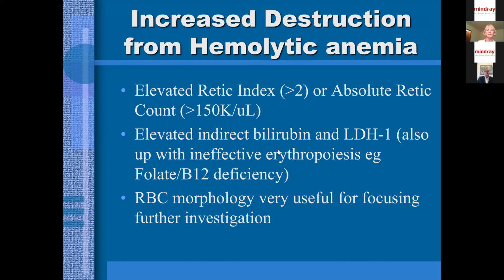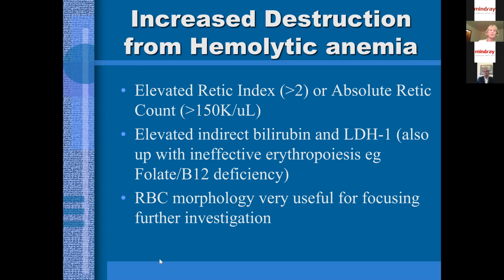But you can have increased bilirubin and LDH1 in other diseases besides hemolytic anemia, including ineffective erythropoiesis. A classic example is folate or B12 deficiency. So those patients can get quite jaundiced associated with those nutritional deficiencies.